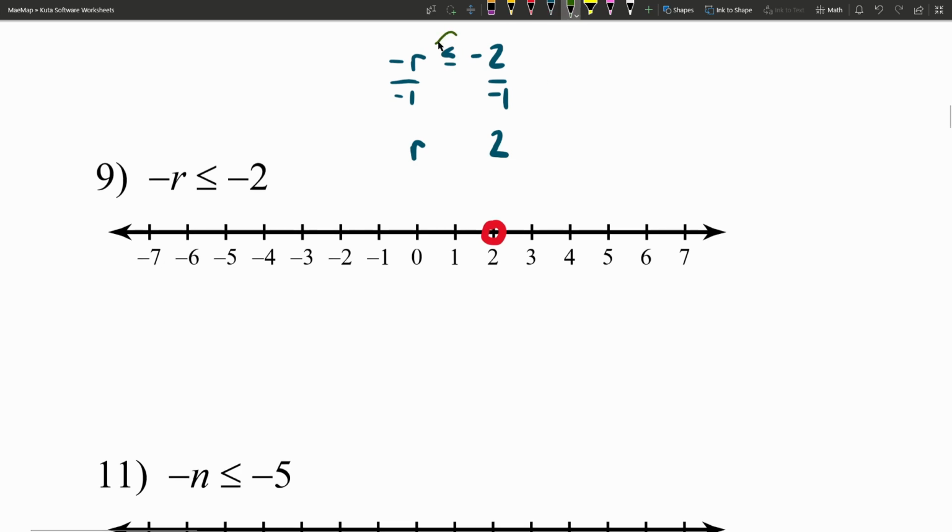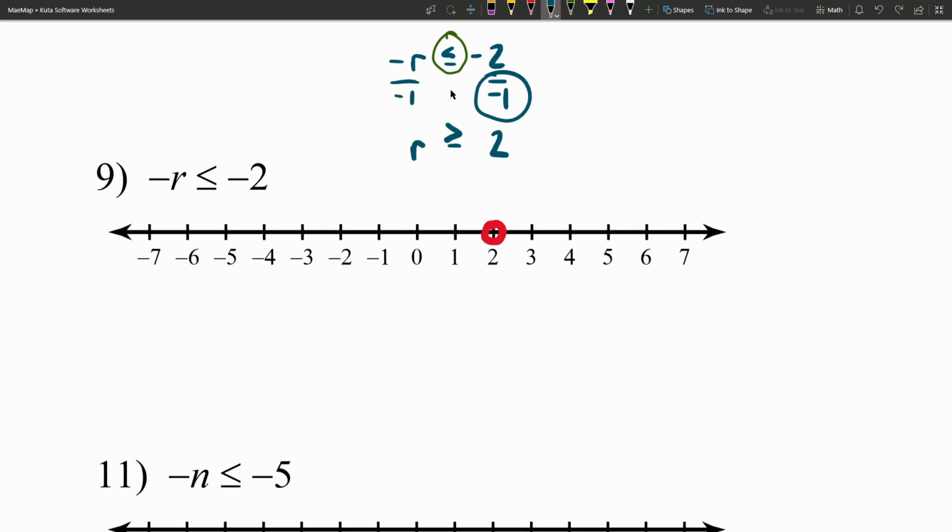But what exactly happens with this inequality? Because we divided by a negative, we need to flip the inequality. So all we're going to do is make it point the other way. So as opposed to a less than or equal to symbol, it's going to be a greater than or equal to symbol. And again, this is the case when we multiply or divide by a negative 1.